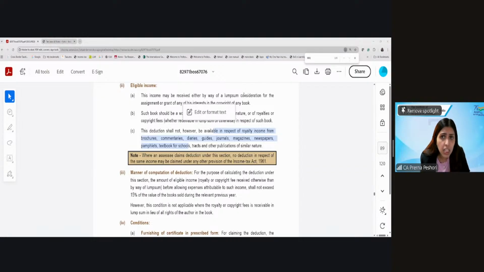So, Samyathan, now under FEMA also it is 6 months. Right? So, under FEMA, you have to bring the proceeds back within the same time limit which is there.